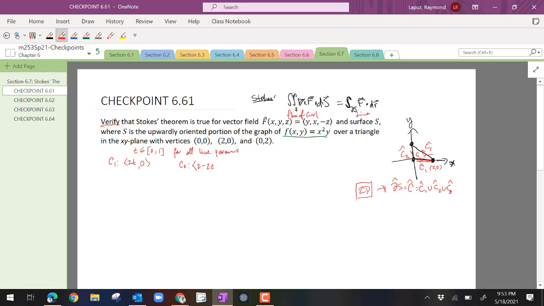So when t is equal to 0, this is 2 minus 0, so this is going to be 2. When t is equal to 1, this is going to be 2 minus 2, which is 0. And so that's the movement you want for the x. And the y, meanwhile, goes from 0 to 2, so again, we'll just put 2t.